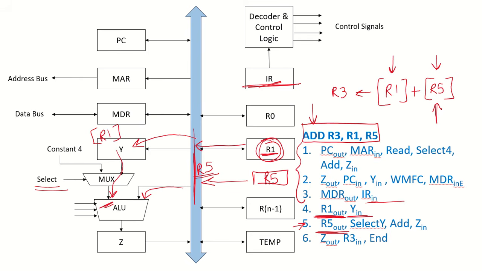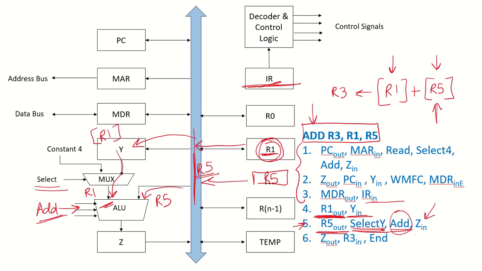So now at both the ports of the ALU, R5 is available, and R1 is also available by doing a select Y. The decoder will also generate a control signal over here. The control unit will generate this add control signal. R1 and R5 contents will be added, and now we have to put the result in Z.